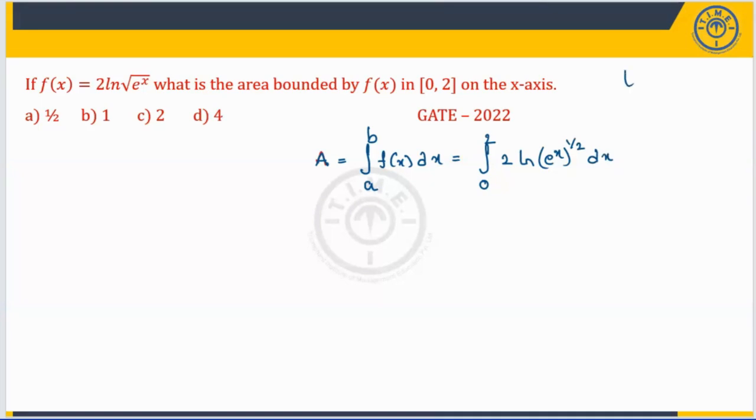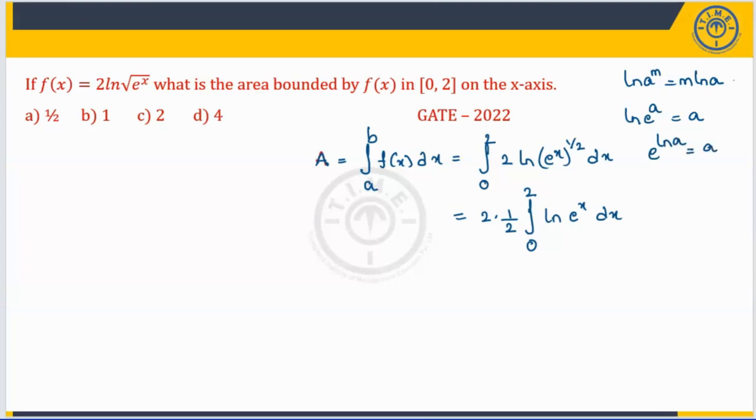And log of a to the power m is how much? m log a, right? And that is 2 into 1 by 2 times integral 0 to 2 log e to the power x. And log e to the power a is a, and e to the power log a is again a.